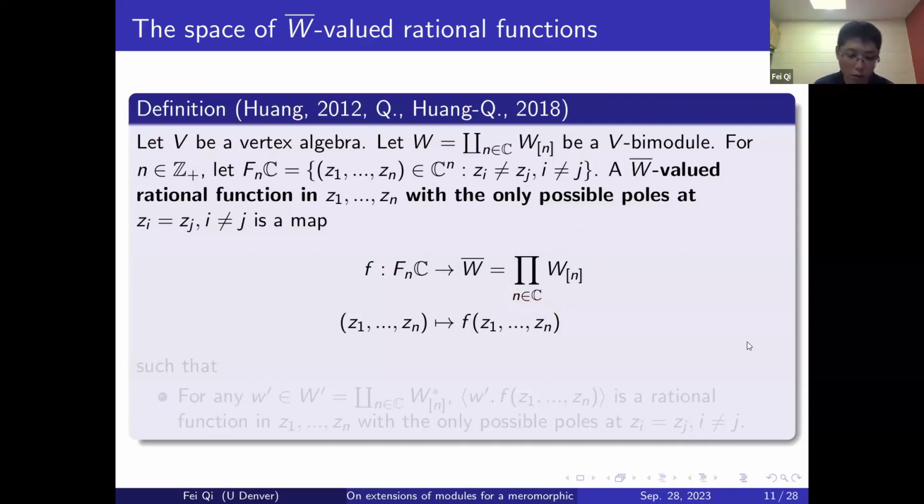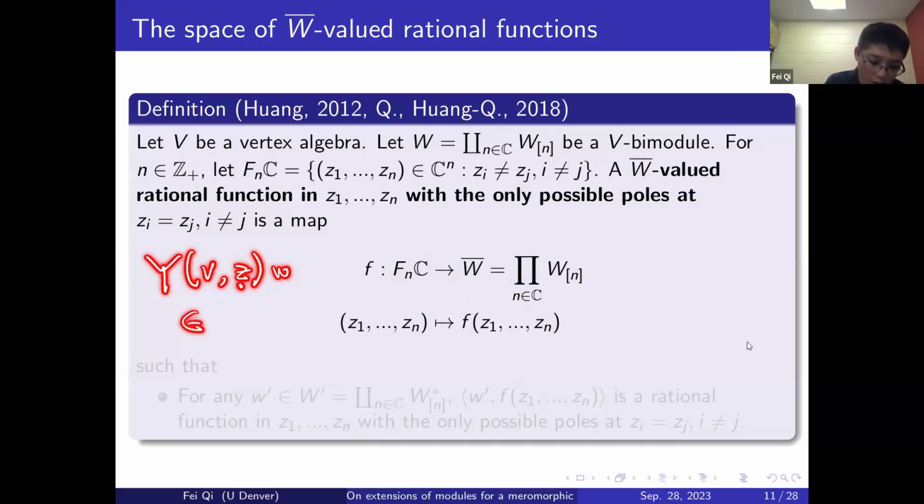Just notice that, for a vertex operator Y(v, z)w, if you evaluate z as a complex number over here, then the grading properties allow you to say that such a guy sits in the algebraic completion. So this is one of the reasons why we really need L0 operators. Otherwise, none of these notions will actually make sense.